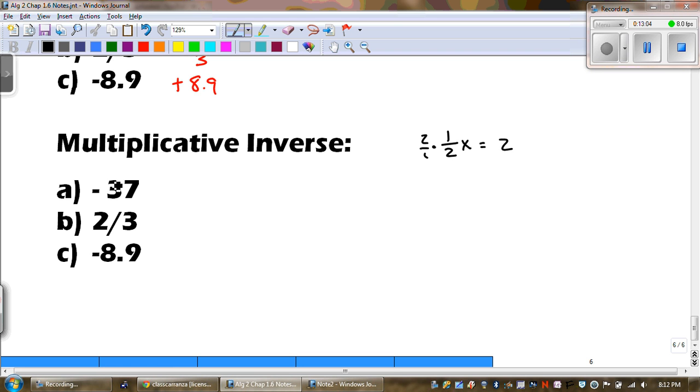So if you're multiplying by -37, what you would want to do is multiply or divide this by -37. For B, I kind of gave you the answer right there because I multiplied by the reciprocal, which would be 3/2. And then for C, -8.9, we would multiply by -1/8.9.